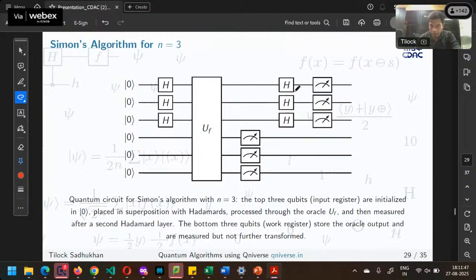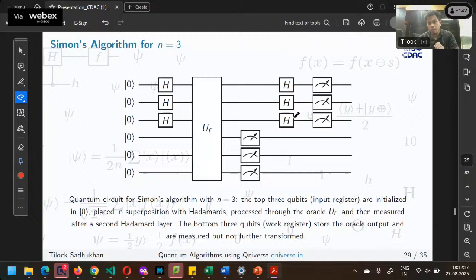Then I have again applied a set of Hadamard gates to create an equal superposition of all the possible states, which is nothing but the two states that exist here. So we are not getting all the possible states that we started with. We are getting only two states. If you remember, the state we are getting here is 1 by square root of 2 times (|x0> plus |x0 bitwise XOR s>).